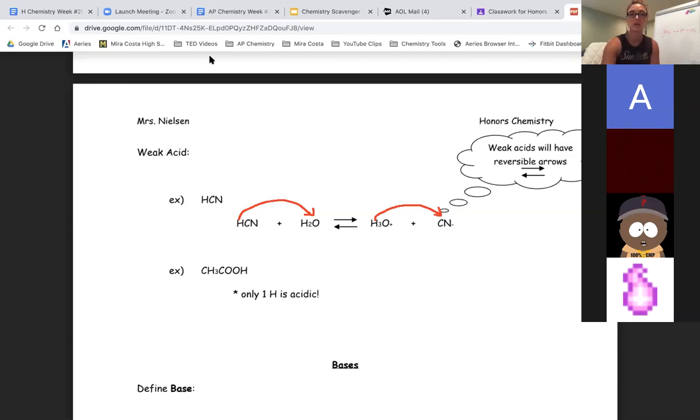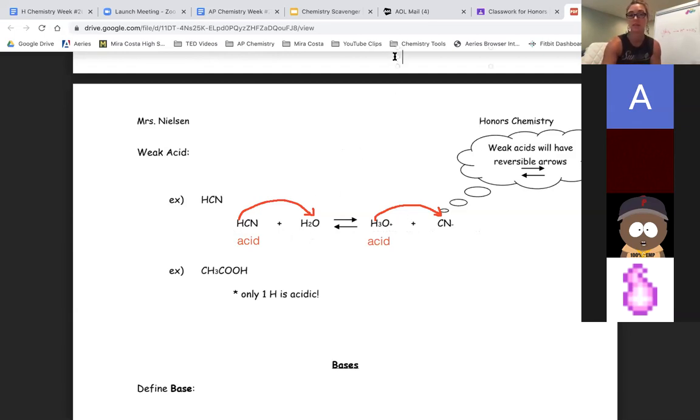Okay, and so if we look at which one's acting like an acid, acid is a hydrogen donor, right? So this is my acid, and then this guy is acting like an acid in the reverse reaction. And a base, we'll see in just a moment, accepts a hydrogen.